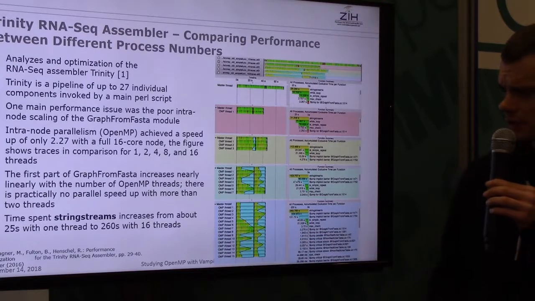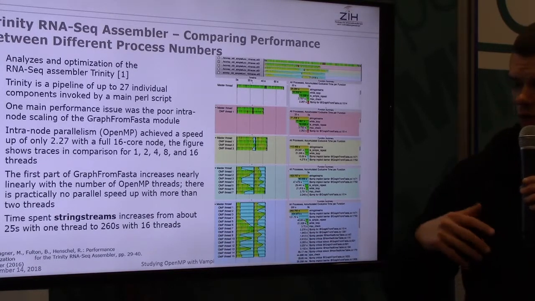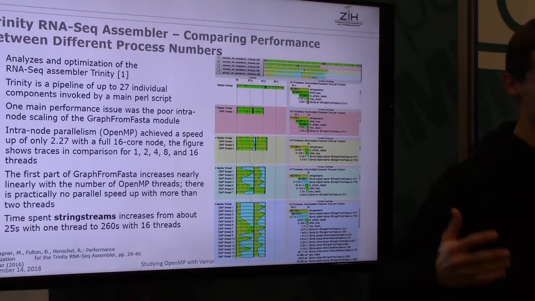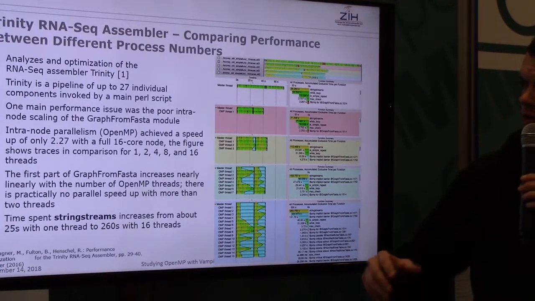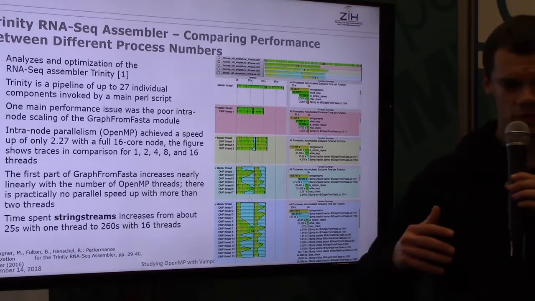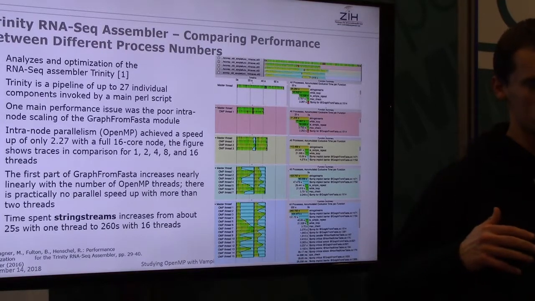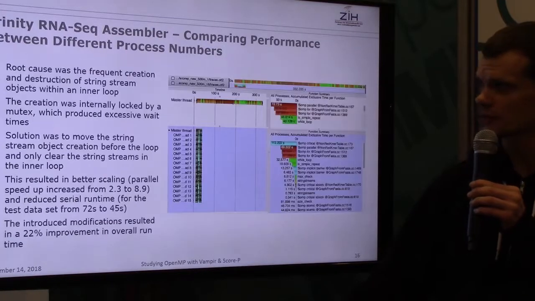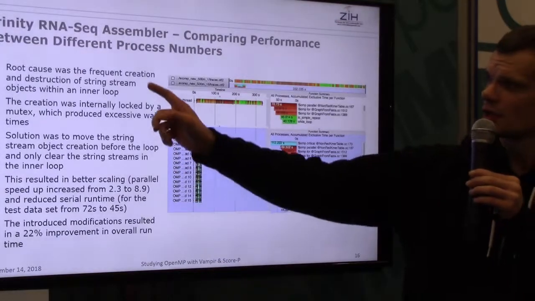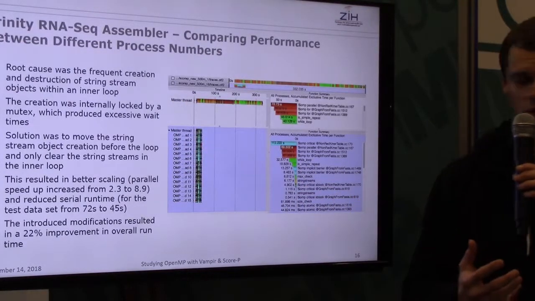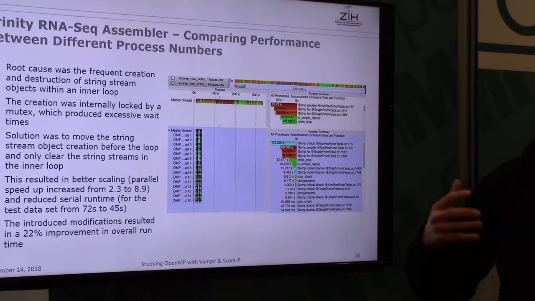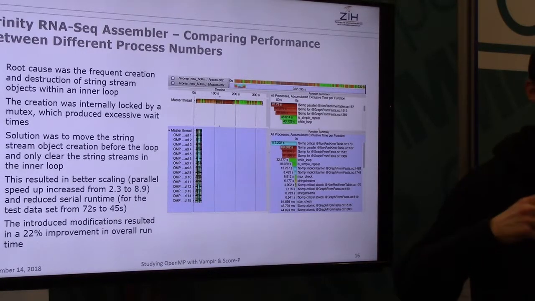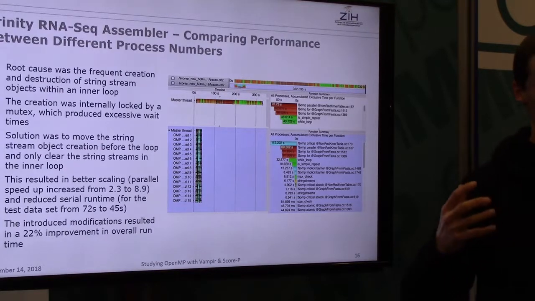And what we found out in this example was that we had a main loop responsible for all the simulation stuff, and inside the loop there were string streams which were created and destroyed. The drawback of such an approach is that the creation of string streams is locked. So you use a mutex, and when you do this inside the loop, in principle you get lock contention.